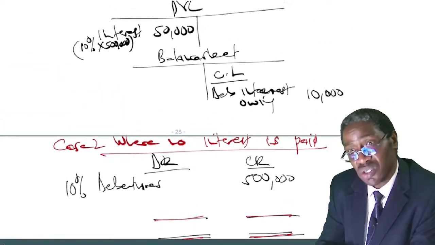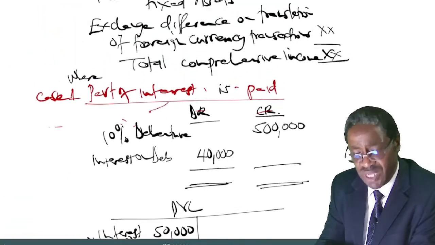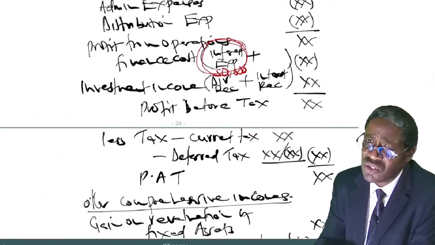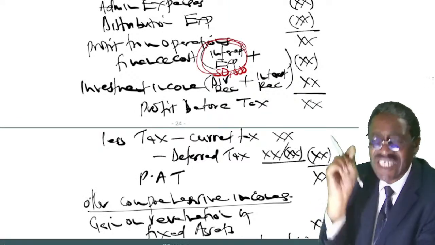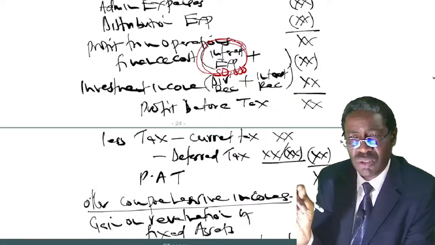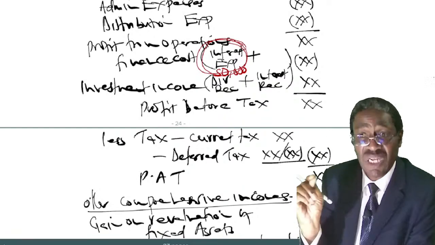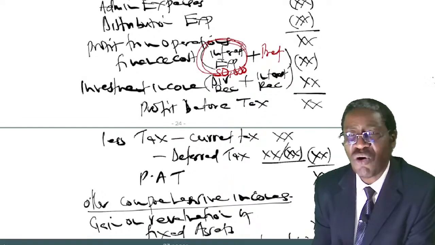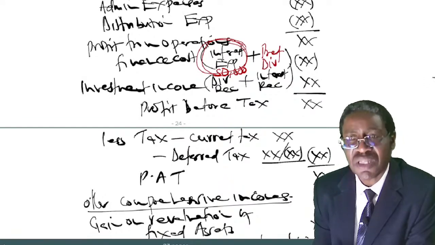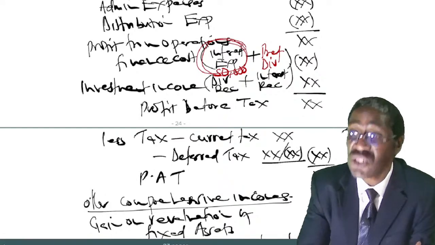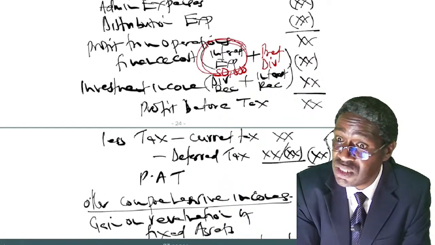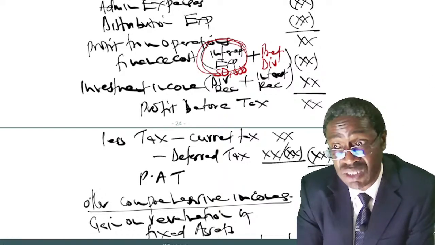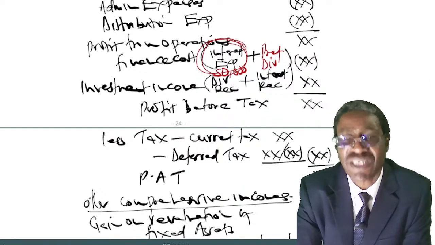So when you are doing the income statement for the company, and you realize that the trial balance gave you a 10% redeemable preference share worth 20 million, then the preference dividend on redeemable preference shares, that 2 million, will also be considered as a finance cost, not an appropriation of profit like the other one. I hope that has been understood.